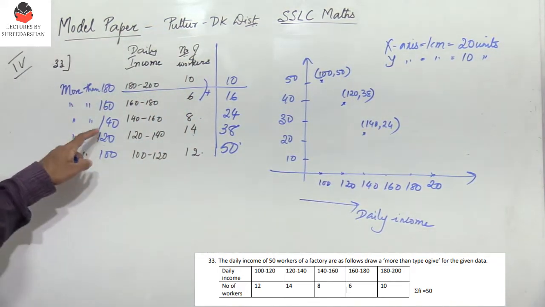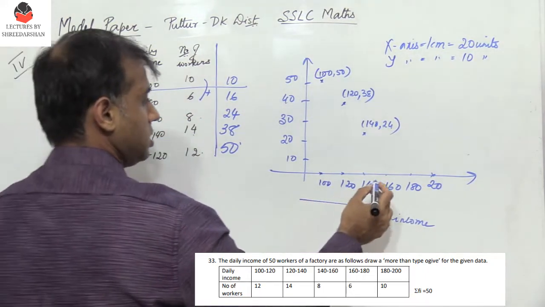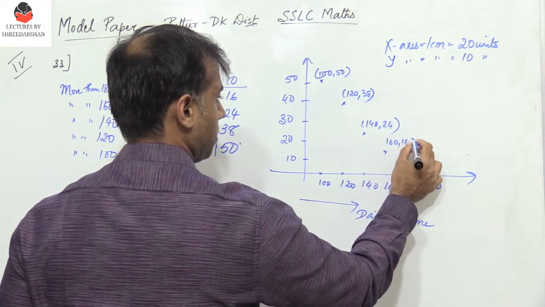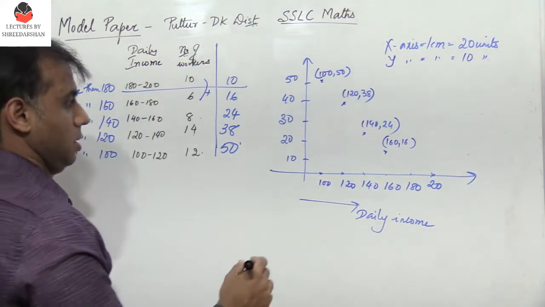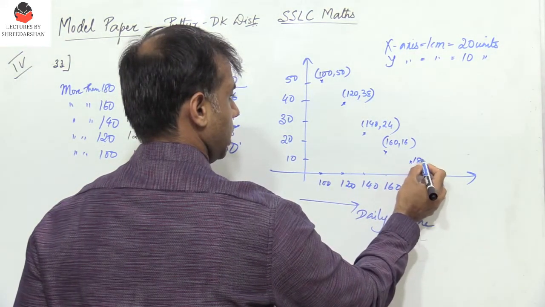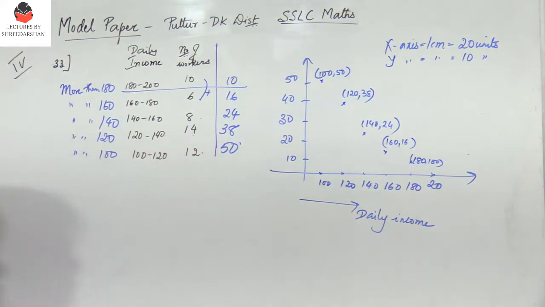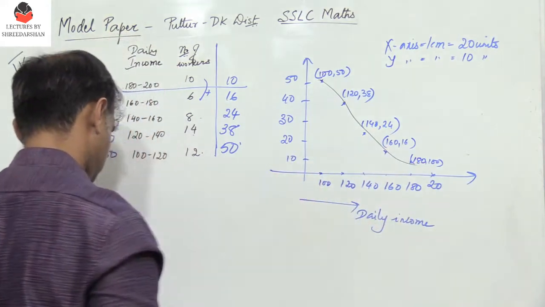Next, more than 160 is going to be 16, so 160 and 16 may be here. And then more than 180 is going to be 10, so 180, 10. You can draw this on the graph. Join all the points, and you will get a graph like this.